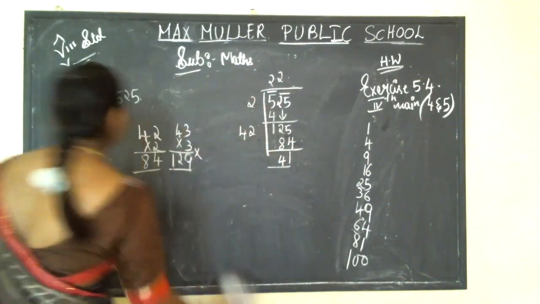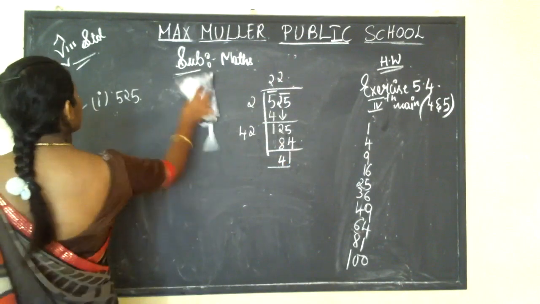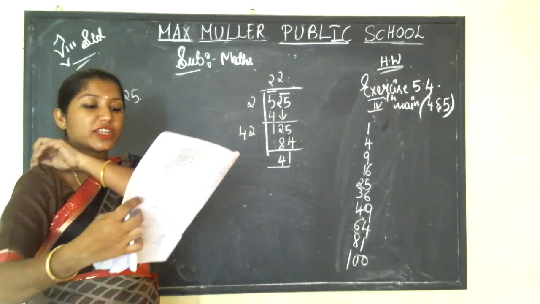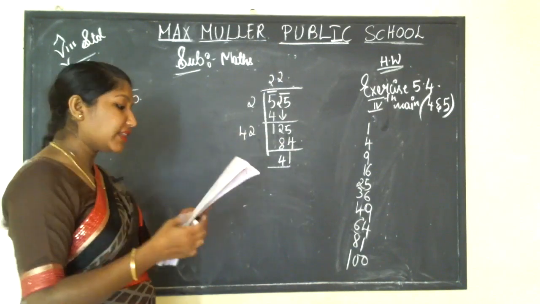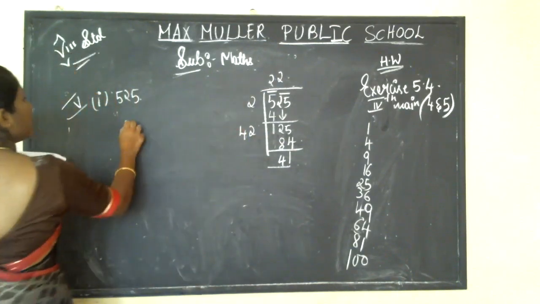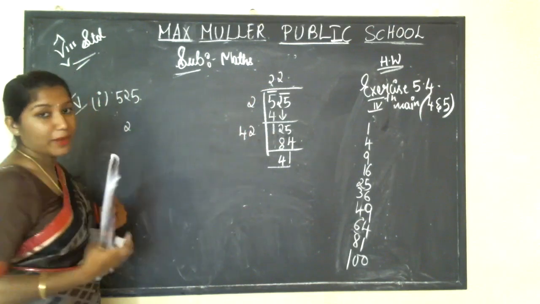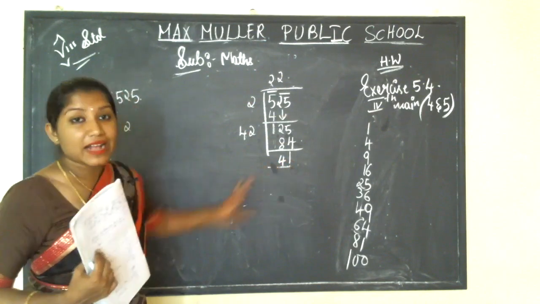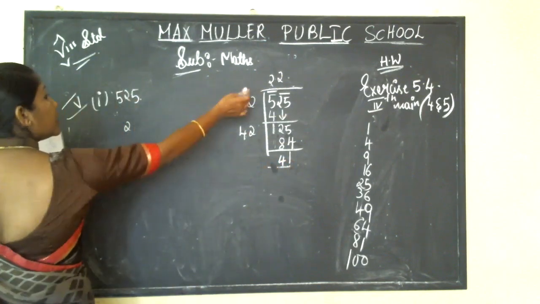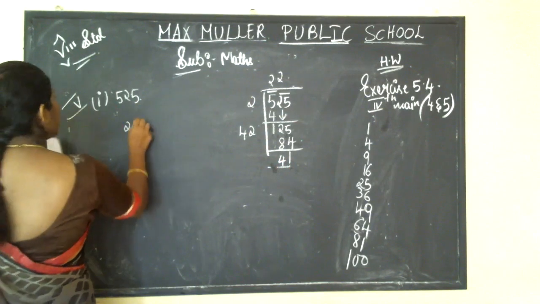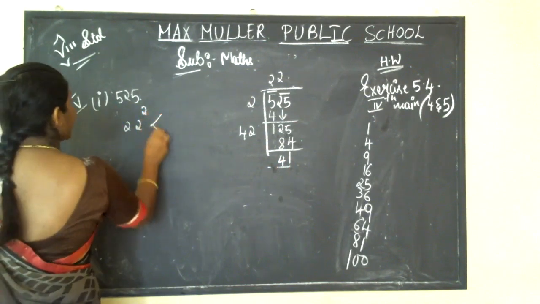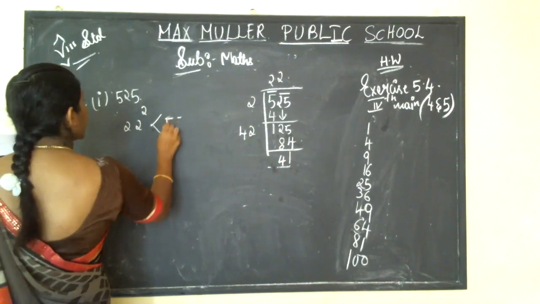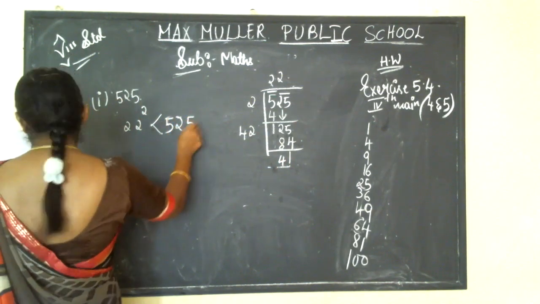So what do you have to do here? The next perfect square is 23 square. See, 22 is not a perfect square number because you got 41 as the remainder. 22 square is 484, which is less than 525.